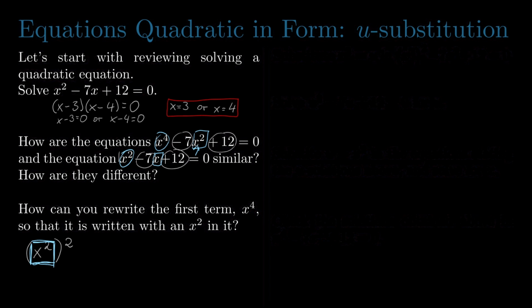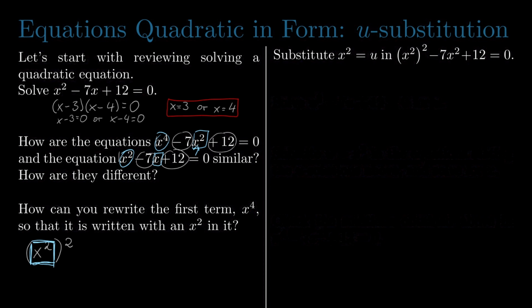So we are going to substitute something else for that x squared in that new equation, and it will then become a quadratic equation. We're going to substitute u for x squared in that equation. So every occurrence of x squared in here will be replaced by u.